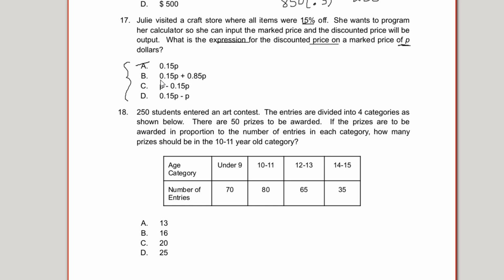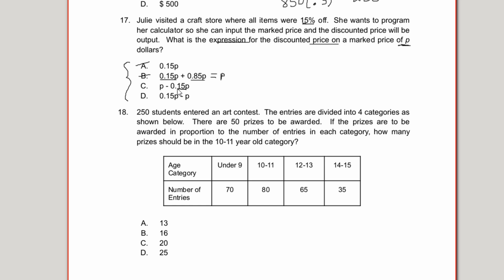What about B? We're going to do the same thing. So this is her discount plus 85% of her price. That's just going to equal back to this total price, really, 1P. That's not going to give us what we're looking for. Now, what about C? The full price minus 15% of the price.